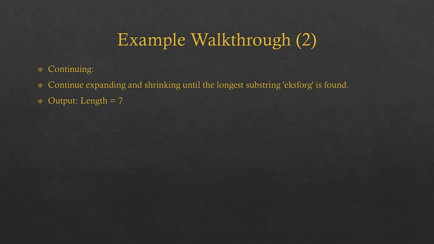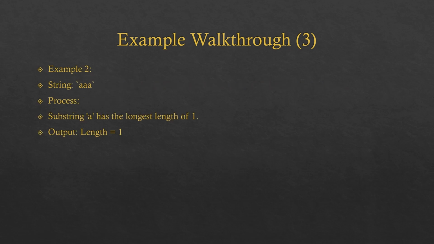We keep expanding until we encounter the first duplicate character E. We then shrink the window from the start to remove the duplicate. By continuing this process, we eventually find the longest substring "eksforg" with a length of 7.